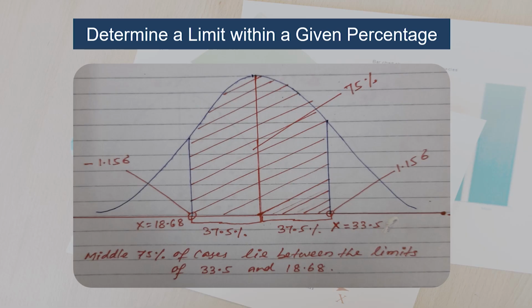So now we can say that the middle 75% of the cases lie within the limits of the scores 33.5 and 18.68. So friends, in this way you can calculate many problems relating to normal probability curve. If limits are given, you can calculate the percentage, and if percentage is given, you can also calculate the limits.